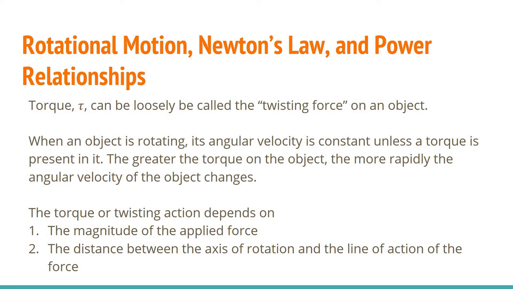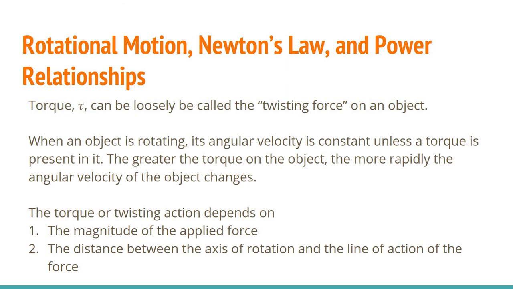The greater the torque on the object, the more rapidly the angular velocity of the object changes. So the stronger the twisting force, the higher the amount of torque applied, of course the higher its velocity. If the velocity increases, the angular acceleration increases too.